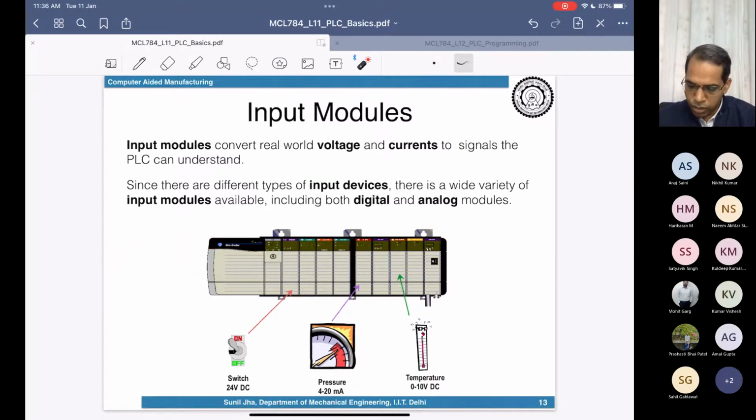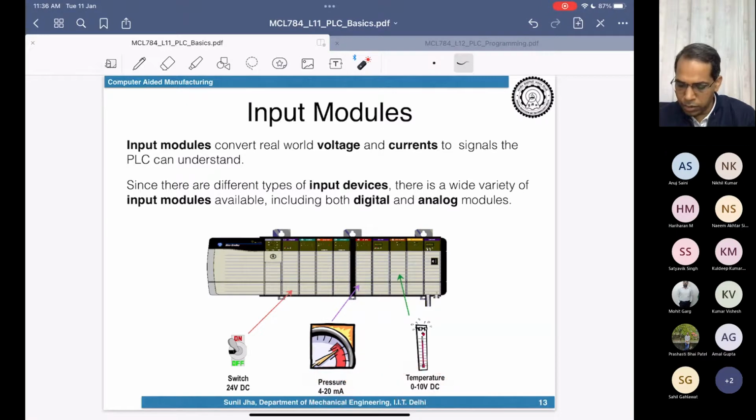Which type of module is this going to? Can anyone tell whether it's DI or AI? AI. Yes, because pressure gives me a continuously varying signal, and this has to go to the analog input module. Good. So this is the analog input with the current variation, and there's another module which is an analog input with a voltage variation.